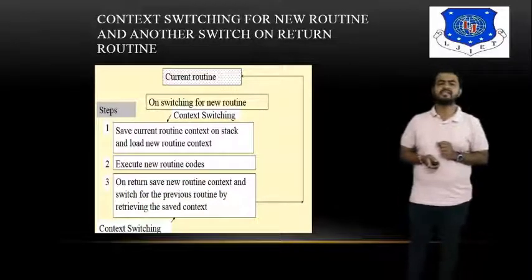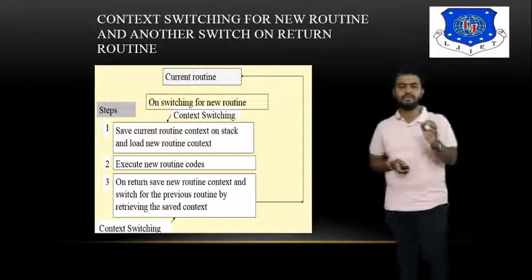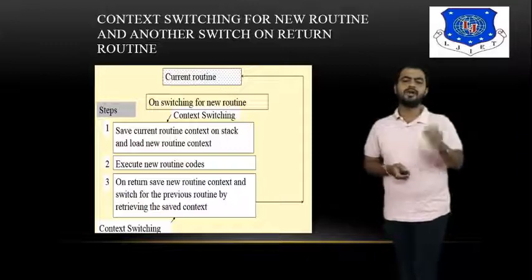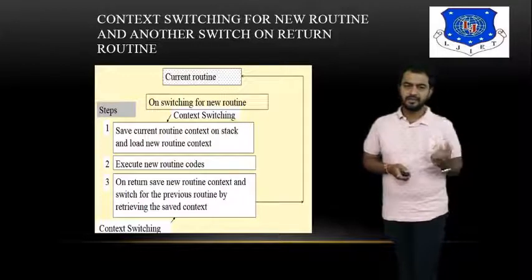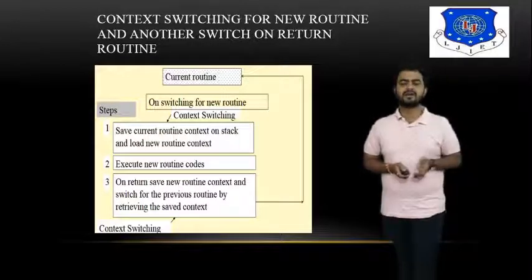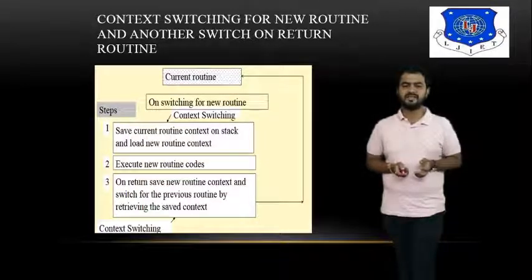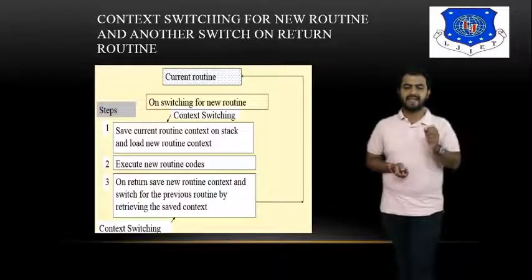So here we can see the context switching for the new routine and another switch on return from the routine. So basically, as you can see, the current routine switches to the next routine on context switching. The steps, as you can see: save the current routine context on the stack and load the new routine context. Execute the new routine codes.